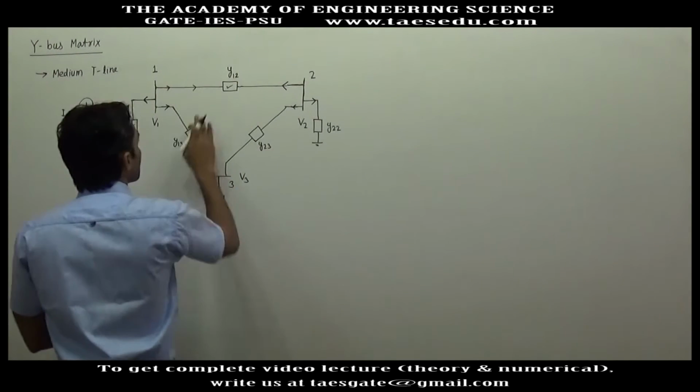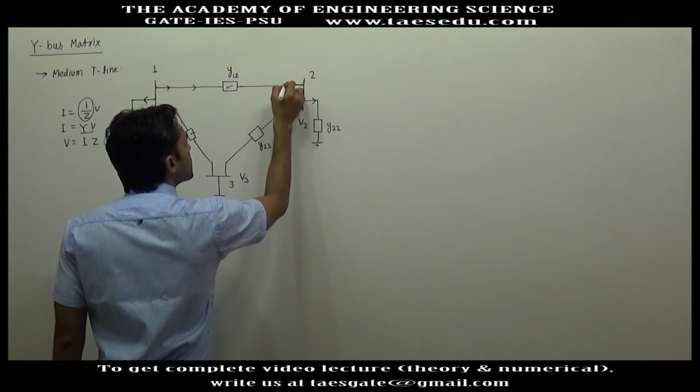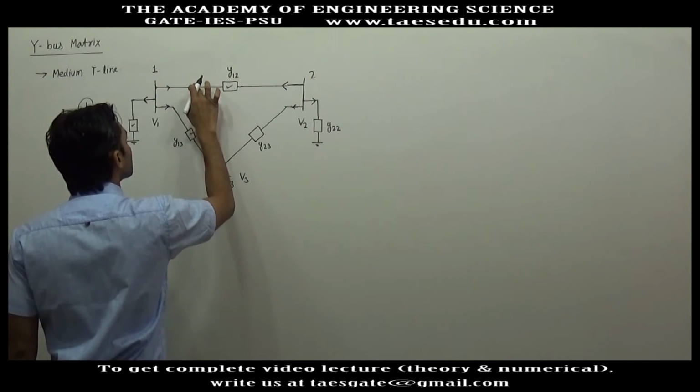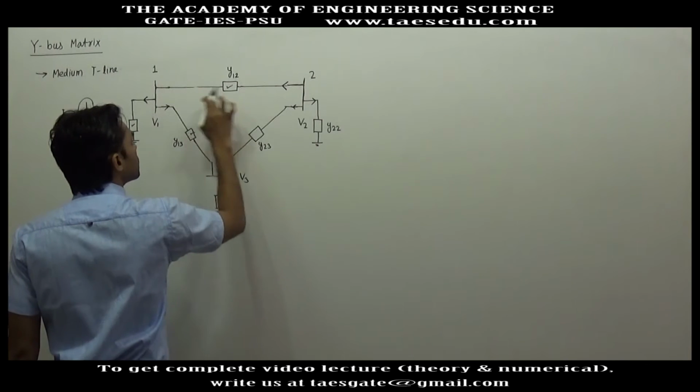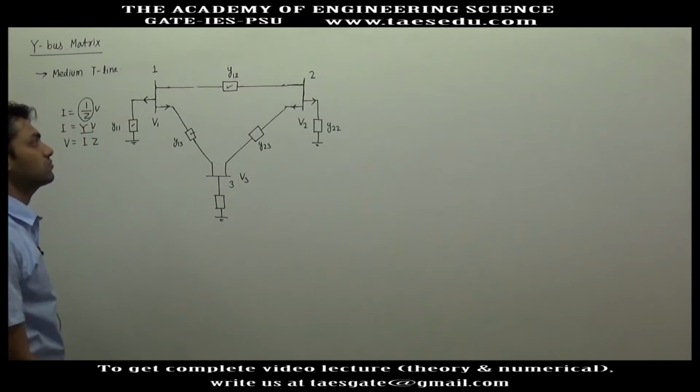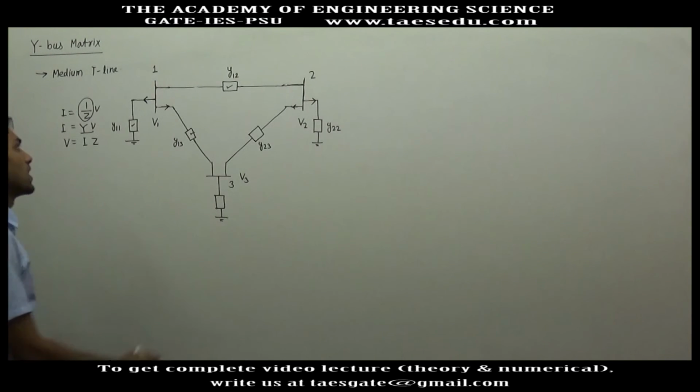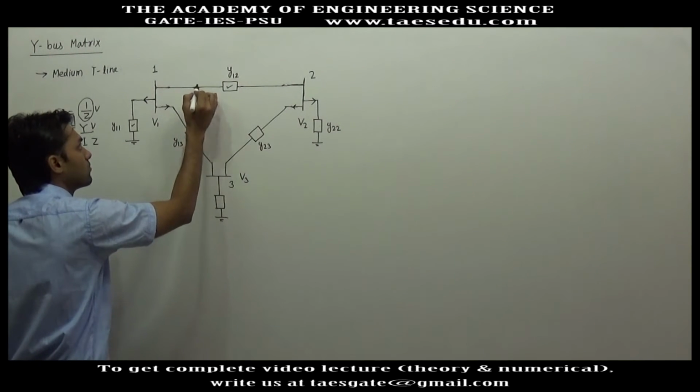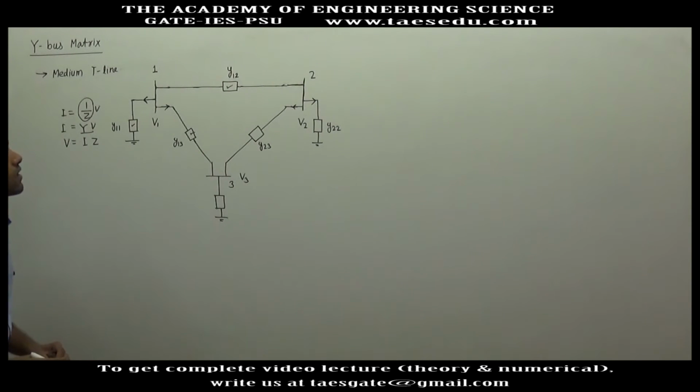So let's say now it is a medium transmission line. In modeling a medium transmission line, we will represent it in the pi model. While finding the Y bus matrix, it is better to represent a medium transmission line in pi model.